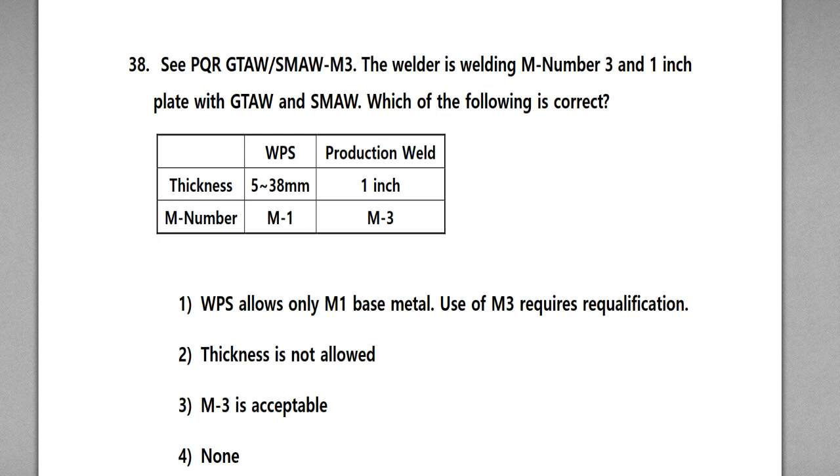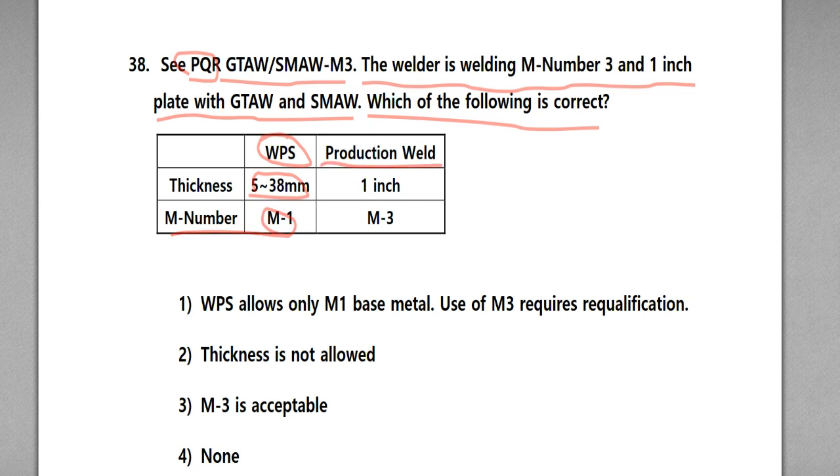It says PQR, GTAW, SMAW, M3. The welder is welding M number 3 and 1-inch plate with GTAW and SMAW. Which of the following is correct? The WPS variable is 5 to 38 millimeter, and the M number is M1.